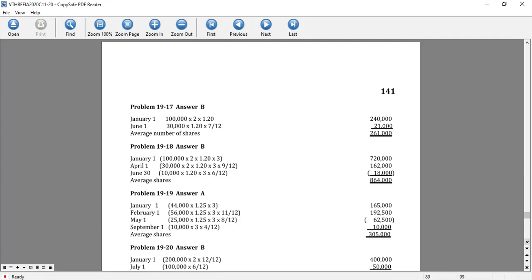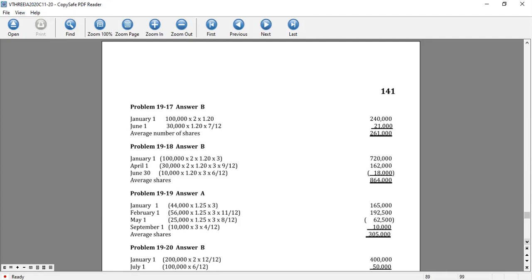Now, in problem 18, what is the weighted average number of shares outstanding for the year? Again, in the case of number 18, on January 1 we have 100,000, the beginning shares, but we multiply it by 2 because of the split on May 1, and by 1.2 because of the bonus issue, and by 3, counting from January 1 to April 1.